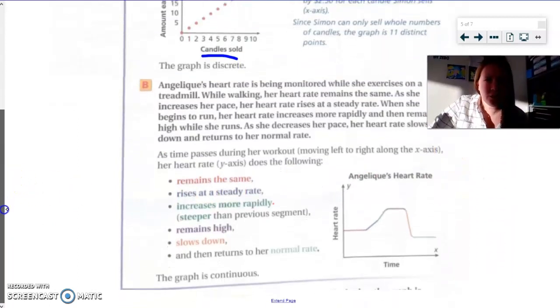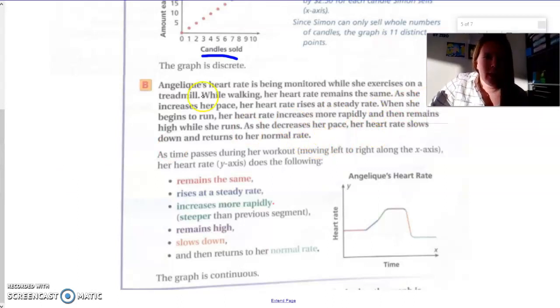So let's look at another situation here. This one says that Angelique, that's a cool name, Angelique's heart rate is being monitored while she exercises on a treadmill. While walking, her heart rate remains the same. As she increases her pace, her heart rate rises at a steady rate. Then she begins to run. Her heart rate increases more rapidly and then remains high while she runs.